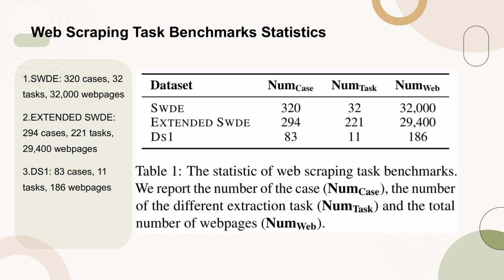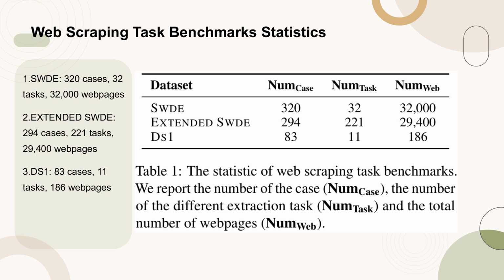Table 1 provides an overview of the statistics for web scraping task benchmarks. It includes the number of cases, the number of different extraction tasks, and the total number of web pages for 3 datasets: SWD, extended SWD, and DS1. SWD has 320 cases, 32 tasks, and 32,000 web pages.